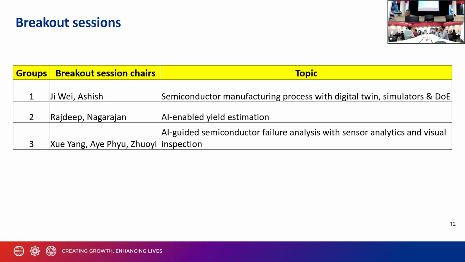The AI needs to build the domain knowledge base across different disciplines, like chemical, mechanical, and also electrical. That's why the experts need to join together to make the AI algorithm, mainly for the failure analysis platform.